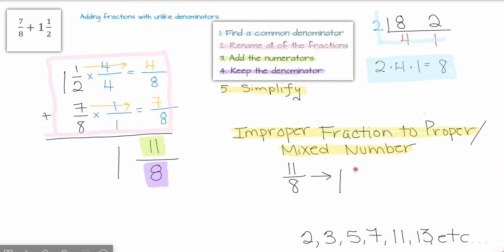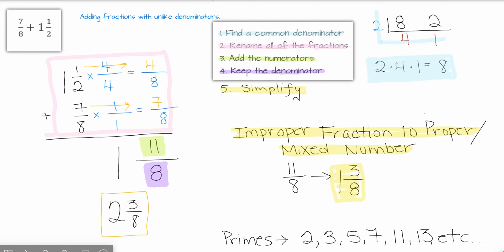How many are left over? 3, and it goes back over the 8. So now we have our mixed number, and we can add this mixed number to the one we had over here. So we end up with 2 and 3/8 as our final answer.